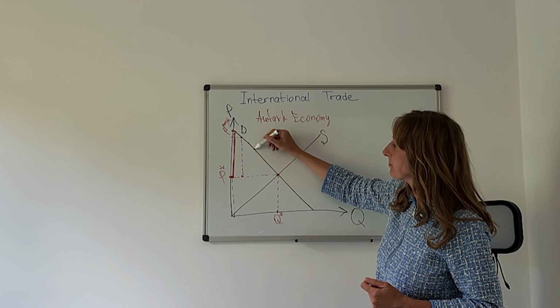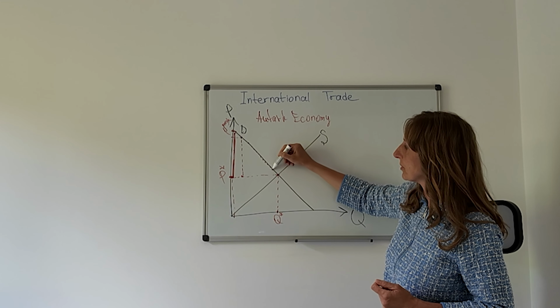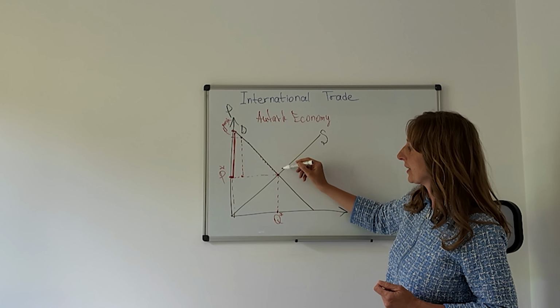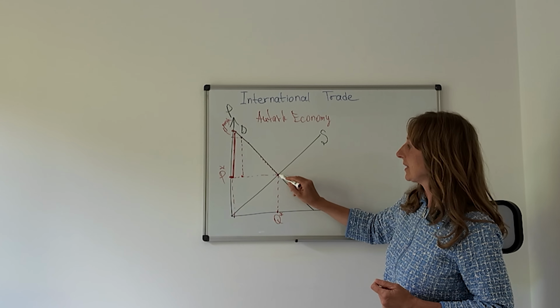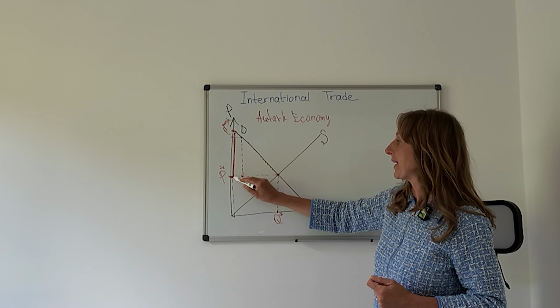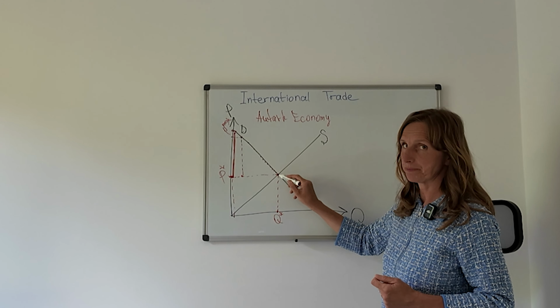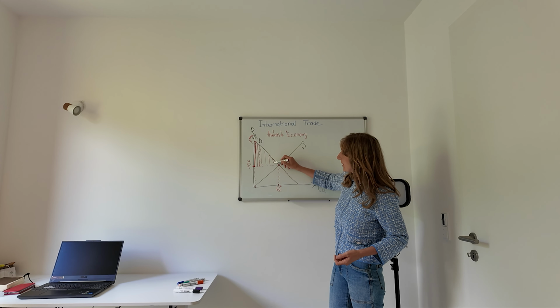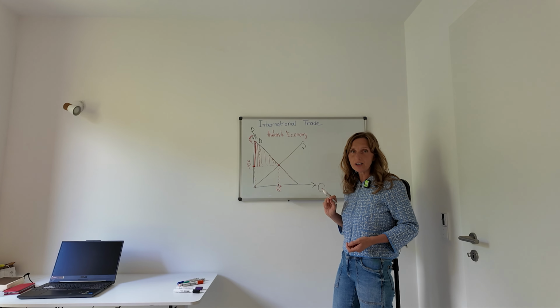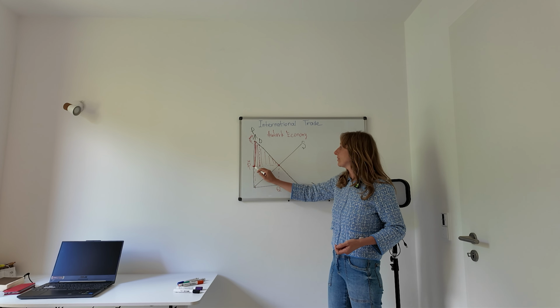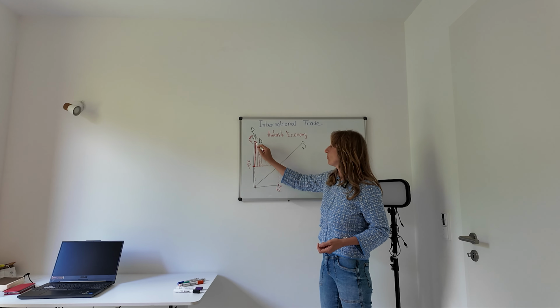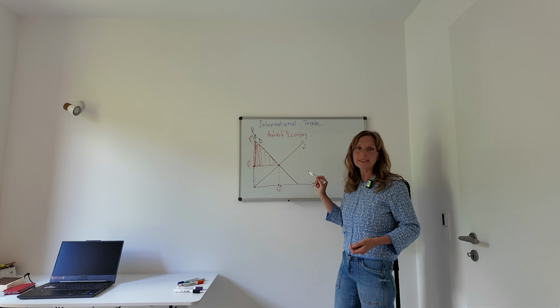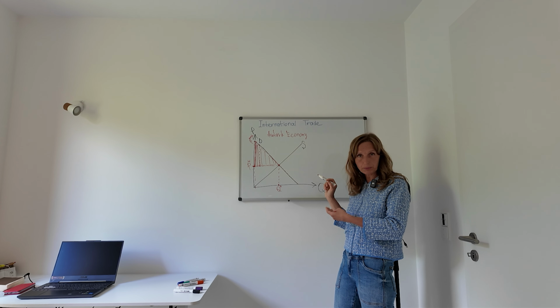We have so many consumers here, till the last one who was able to pay this price and paid it, and he's still happy. And all this area is the area of consumer surplus. So we call this triangle the consumer surplus.